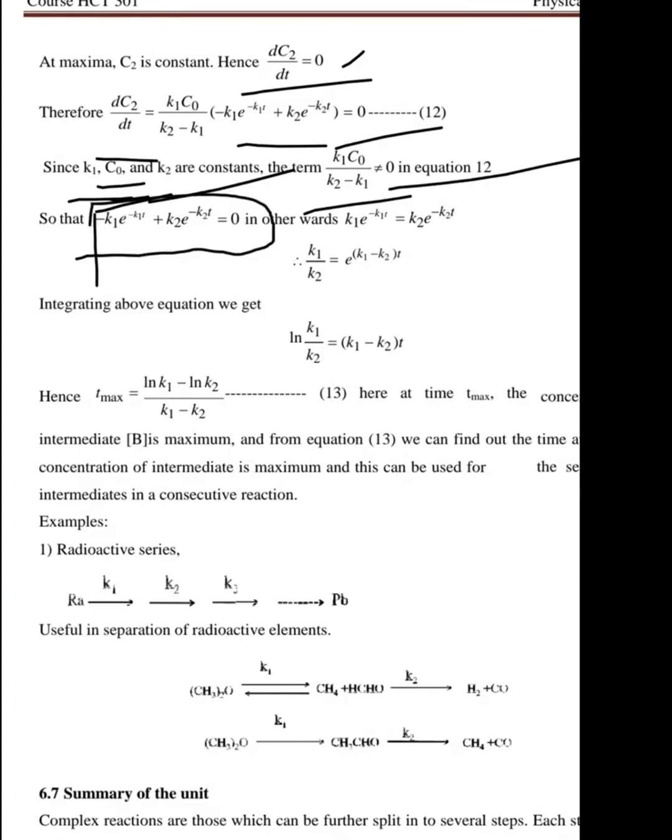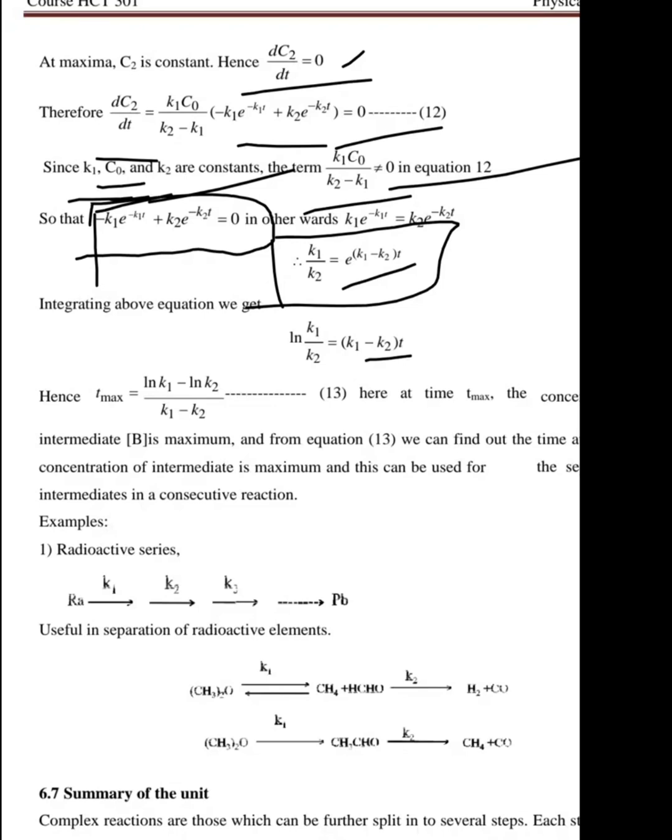So K1 e to the power of minus K1 t is equal to K2 e to the power of minus K2 t. By integrating, ln of K1 by K2 is equal to K1 minus K2 into t. This is the equation we get.